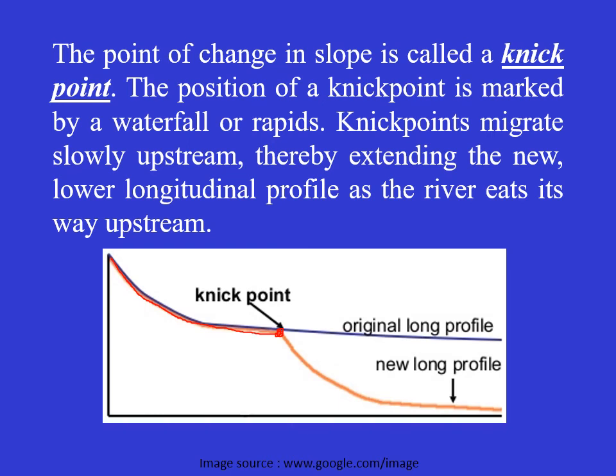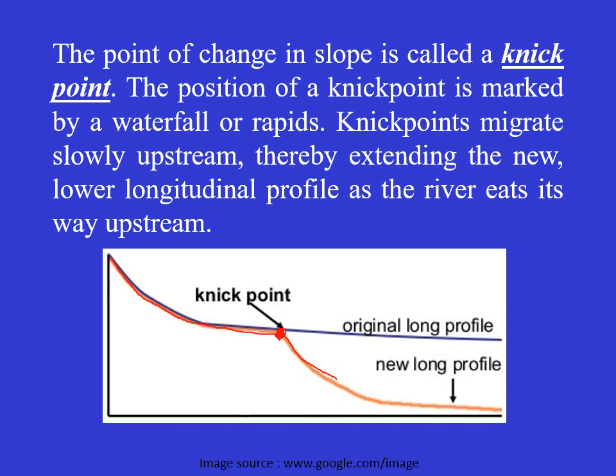From the gradual slope, it becomes very high, very steep. So this certain change in stream gradient starts from a point, and that point is known as the neck point.